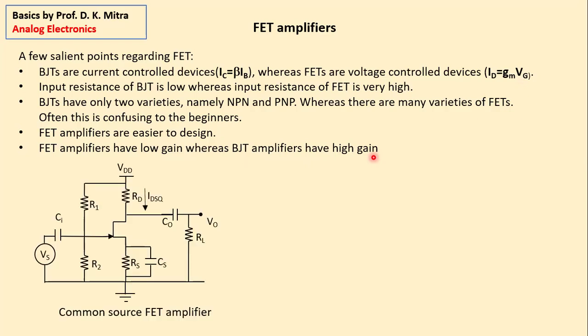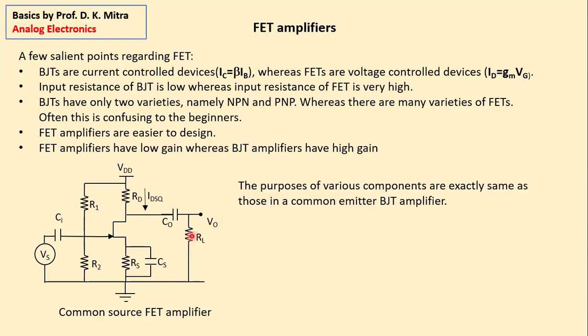This is a common source FET amplifier. The purpose of various components is exactly the same as in a common BJT amplifier. I think you have already noted that this looks exactly like a BJT amplifier, except instead of a BJT, it's a FET here. In a BJT amplifier there is a collector resistance; here there is the drain resistance. In a BJT, there is an emitter resistance; here it's a source resistance.